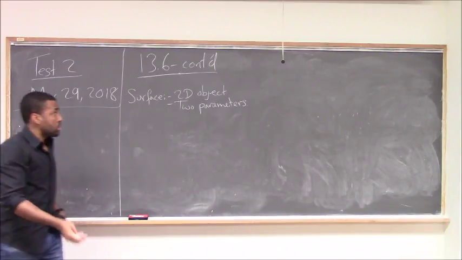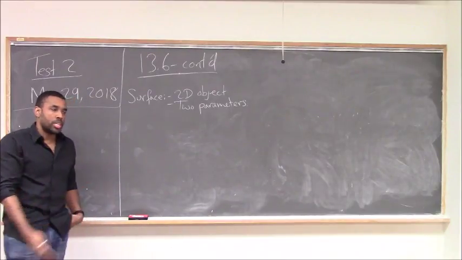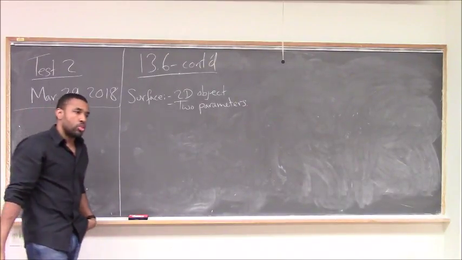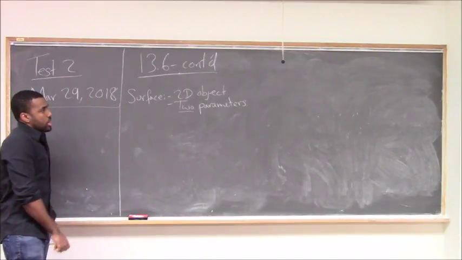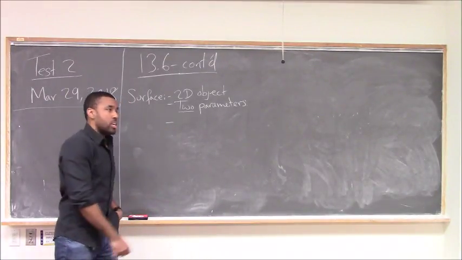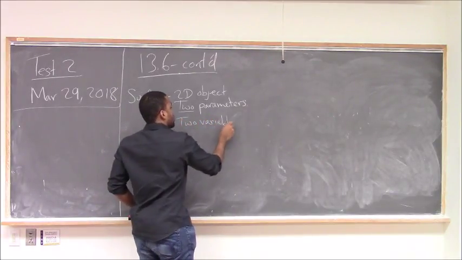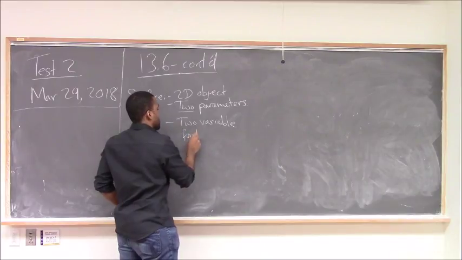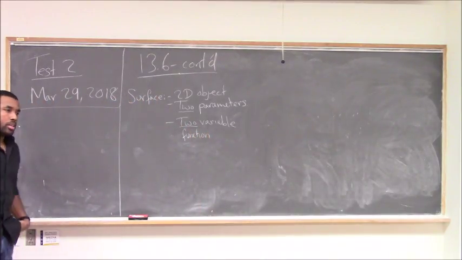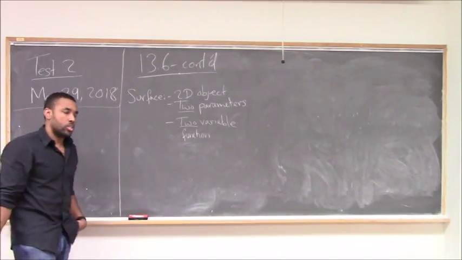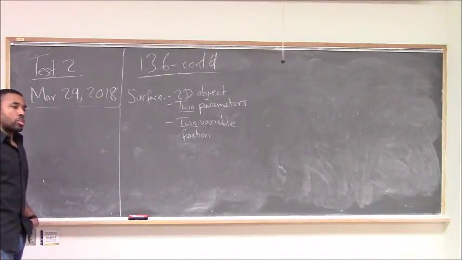Integrals are sums, so it wouldn't be that. And an area is just a measure of how much space a 2D object takes up. But a surface is a 2-dimensional object, which means it has 2 parameters if you're parameterizing it. Or if you can write it as a scalar function, it's a 2-variable function. So it has to be something like z equals f of x, y. There are 2 variables x and y, and the third variable represents the output. So that's what a surface is.